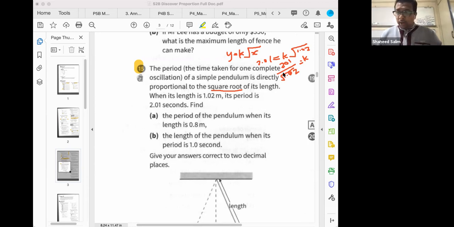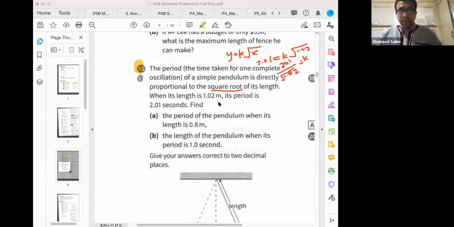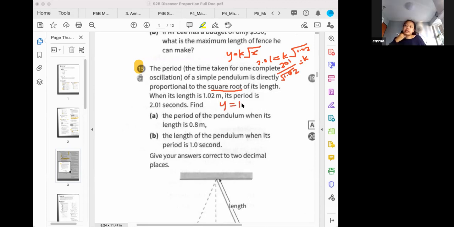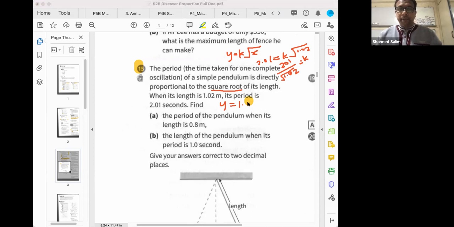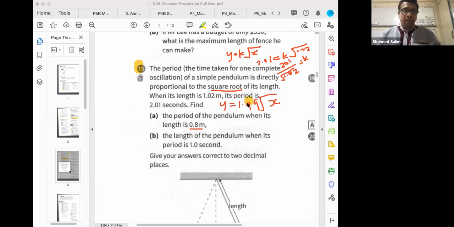Okay, then can you try now? Let's say you write the equation y equals 1.99 square root of x. Now straight away square root this one, and then times by 1.99.